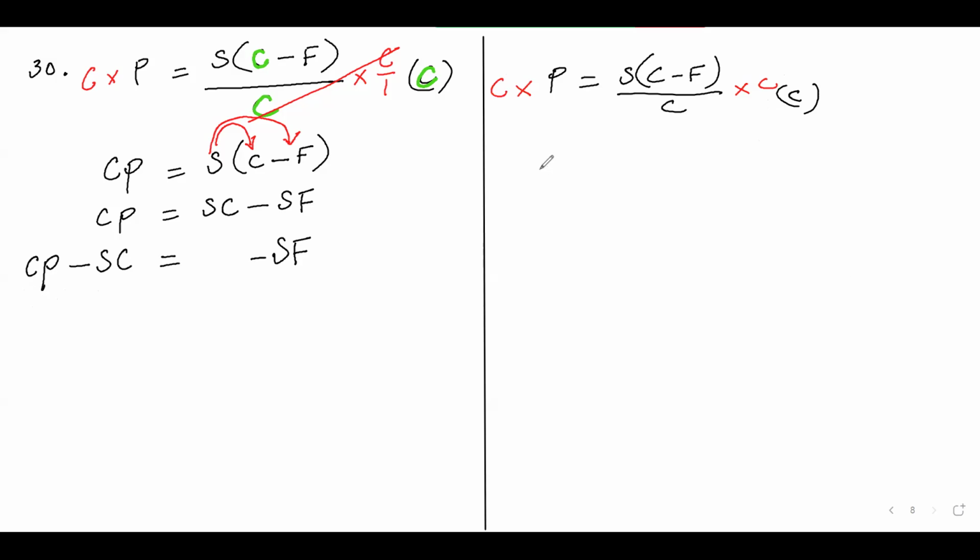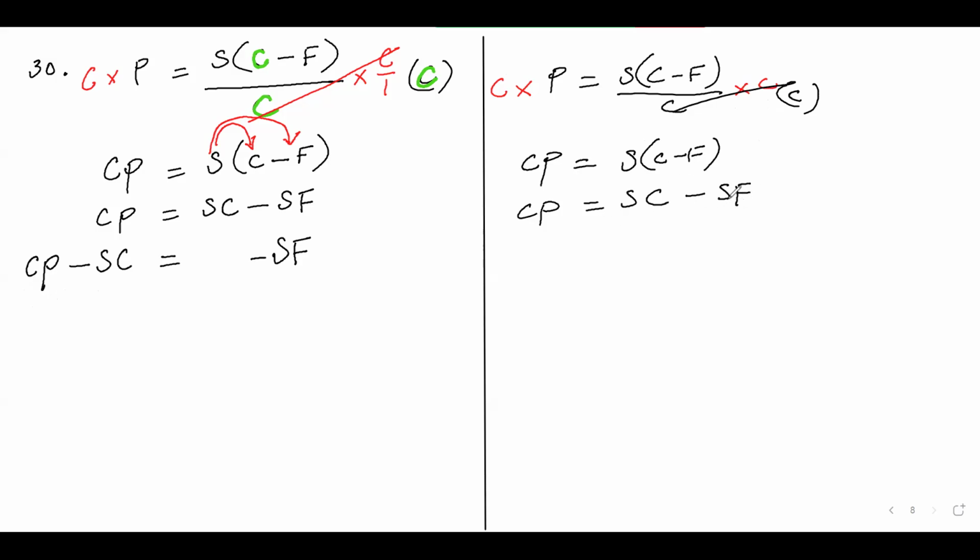So I had CP. This will cancel, leaving me with S open brackets, C minus F. So CP is equal to SC minus SF.